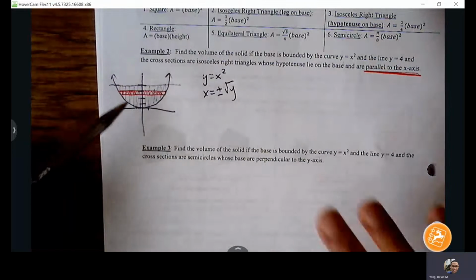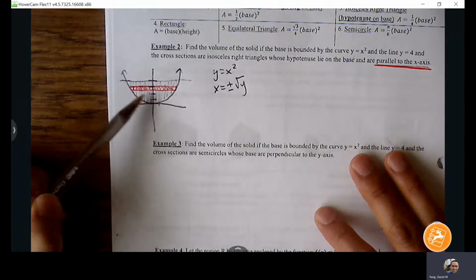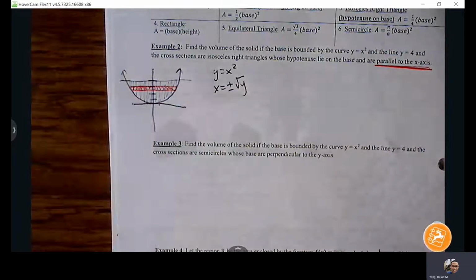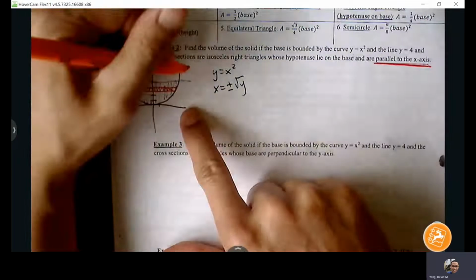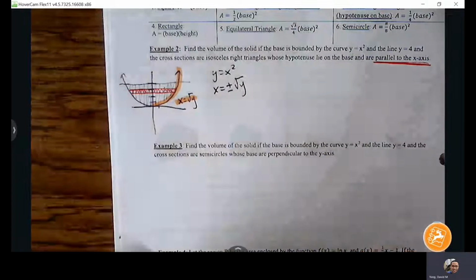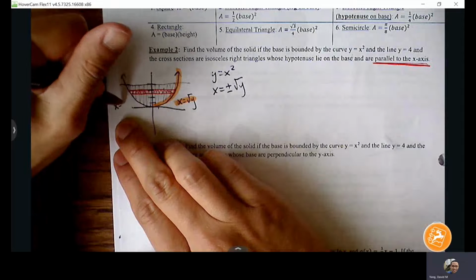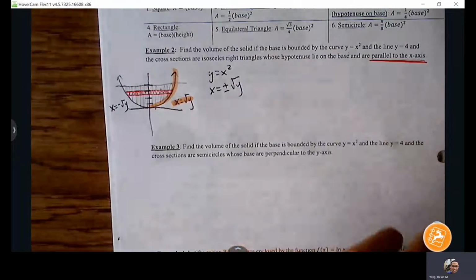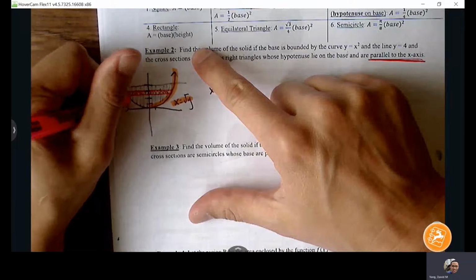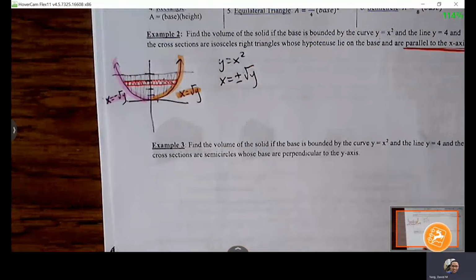And now the negative square root of y will play a role here because now we have both sides of the parabola showing up. So we have the positive square root of y, which is on the positive side here. And then we also have x equals negative square root of y, and that's over on this side. Okay, so we'll do right minus left.